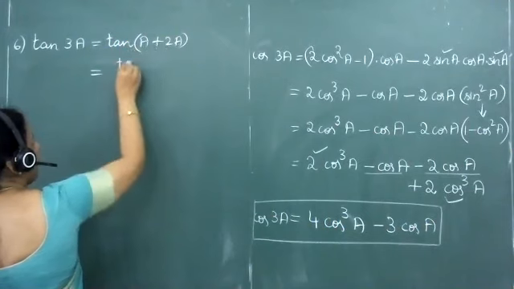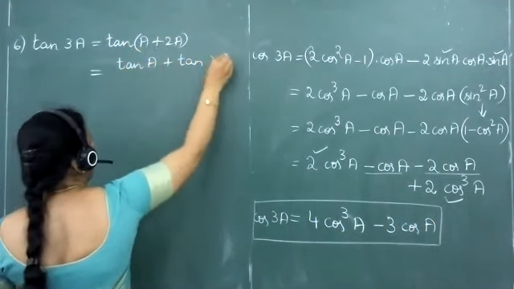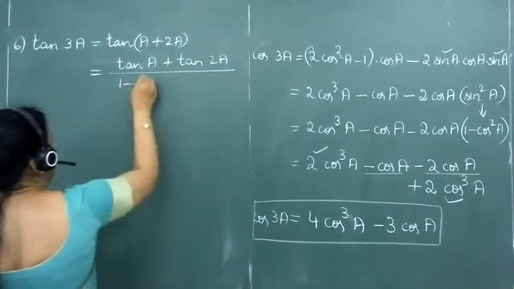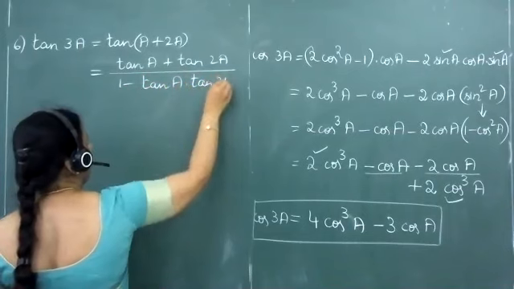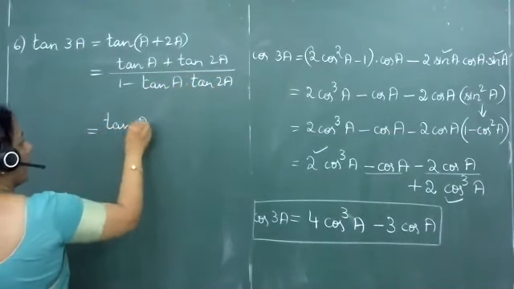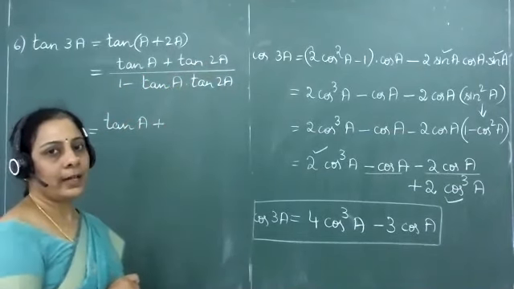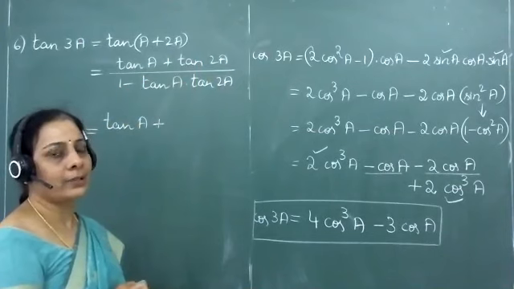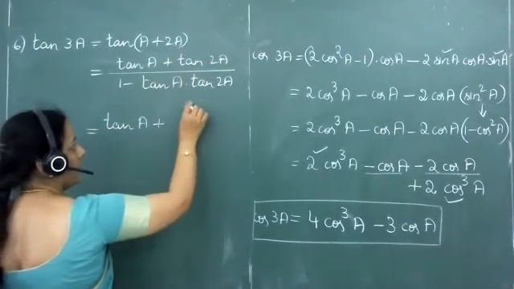Tan A plus B is given by tan A plus tan B whole divided by 1 minus tan A multiplied with tan B. Tan A we will retain as it is, whereas the second term in the numerator, tan 2A, again we have a formula for the same multiple angle. We shall replace the second term.